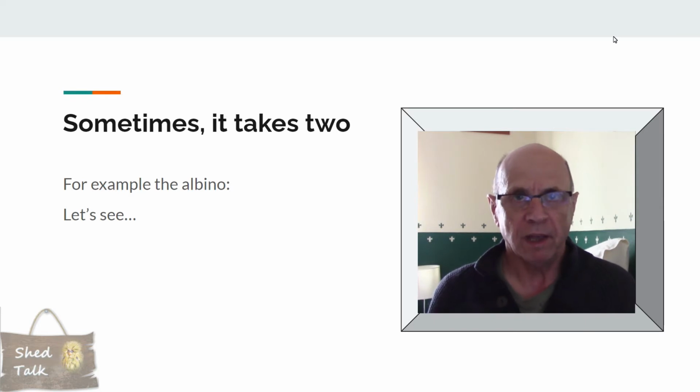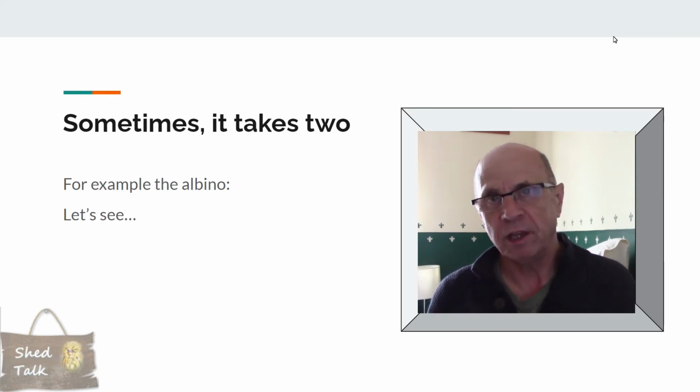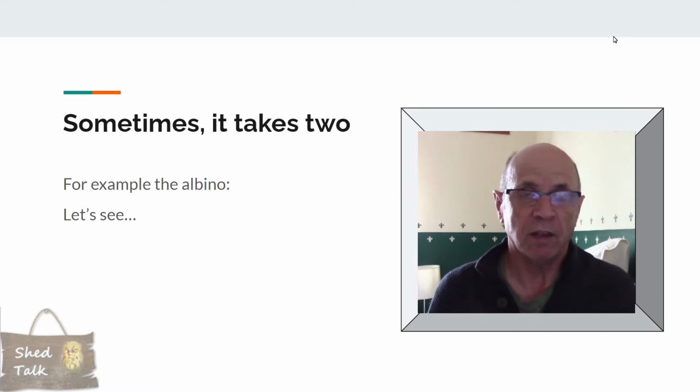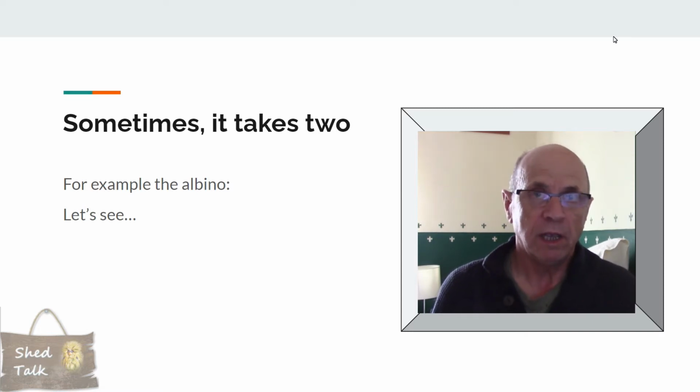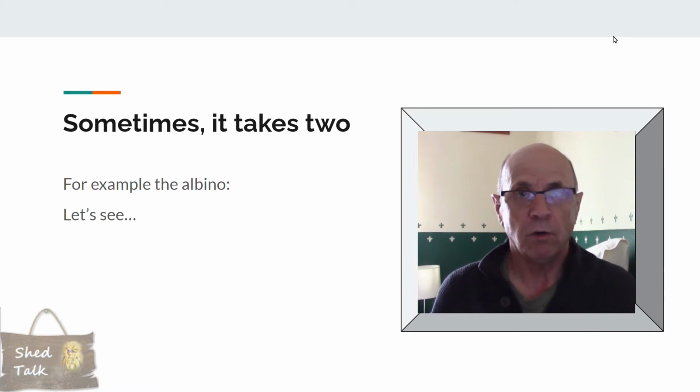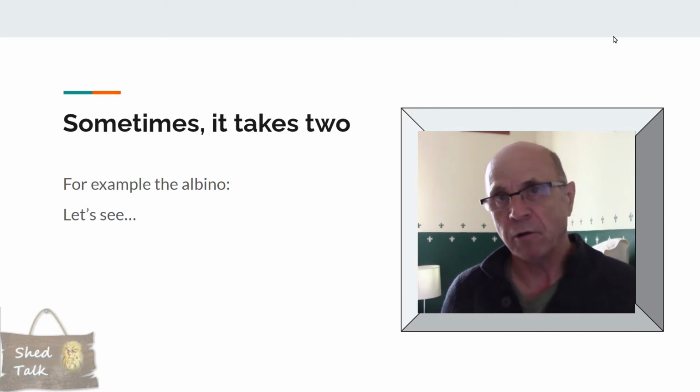What I mean by that is if we take the INO gene, so this is the gene that, in the mutated form, will remove, or appears to remove, all of the colour except the ground colour of the bird.